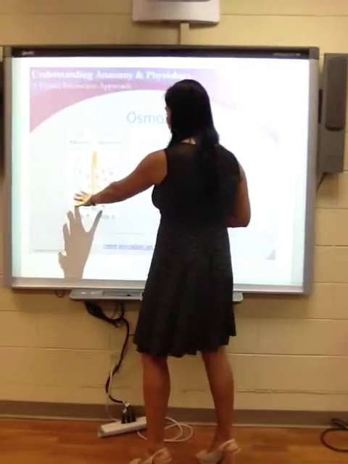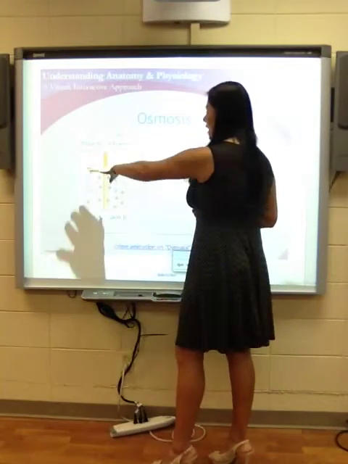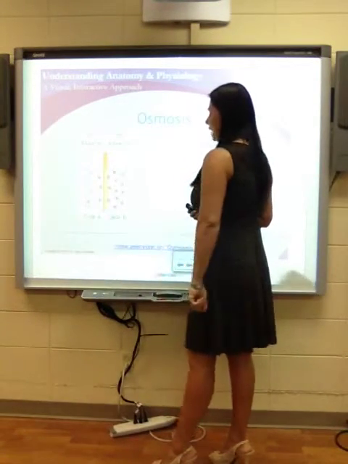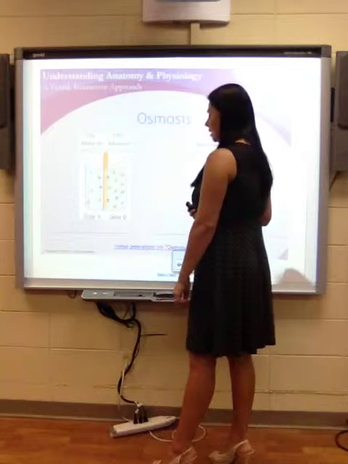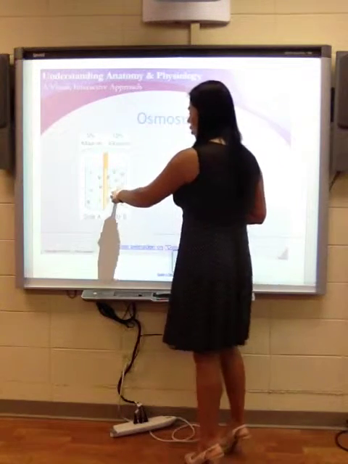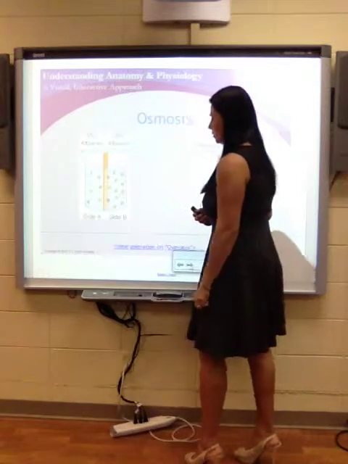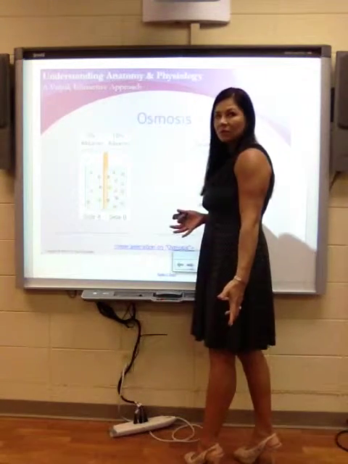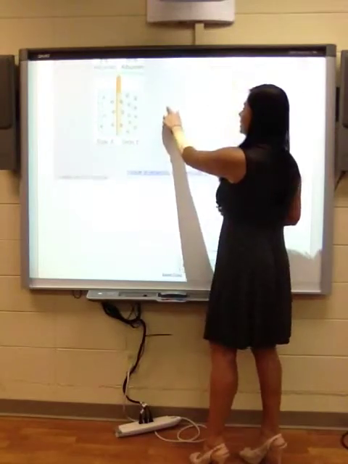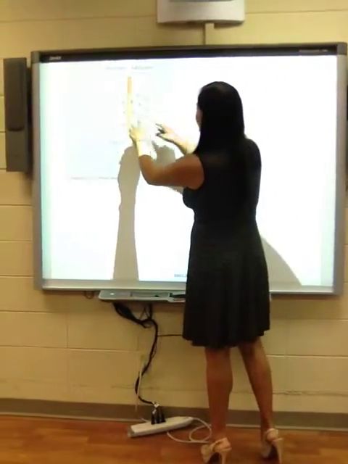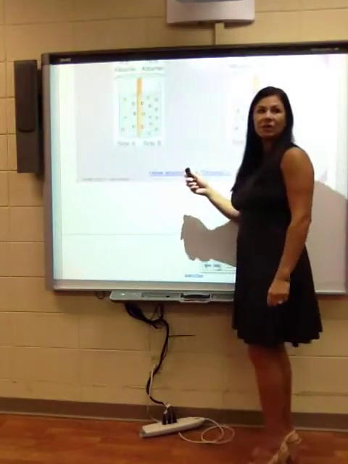So you're looking at this side here. We've got an equal amount of water in A and B. But the thing is, is there more or less water in B compared to A? There is less. And the reason is because there are more dots taking up space and squeezing out water.